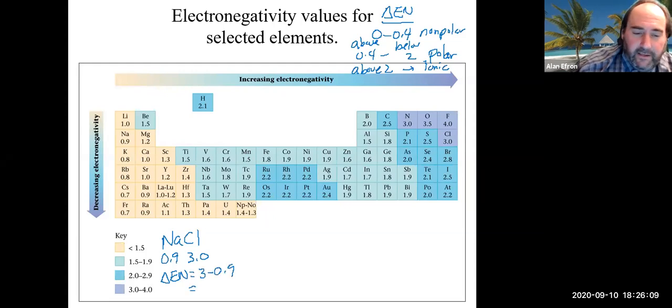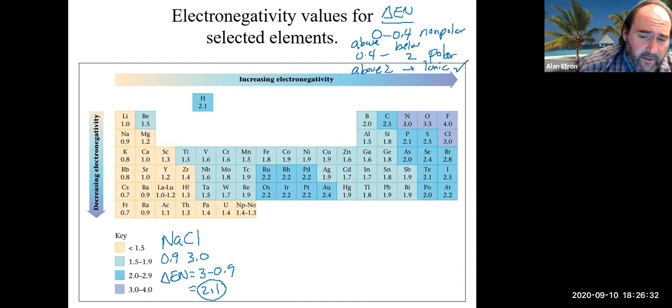I'm going to do it without the calculator. I'm going to go with 2.1 and hope for the best on that. So 2.1 is definitely above 2, which means we would expect this to be an ionic bond. Like I mentioned before, you could pretty much know it's sodium and chlorine, so that's a metal and non-metal. You really don't have to worry about it. You'll know that it is probably going to be an ionic bond.